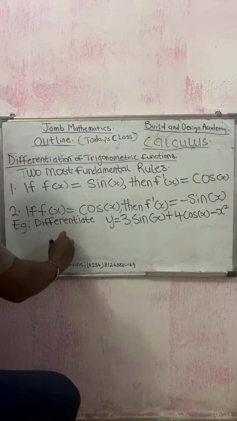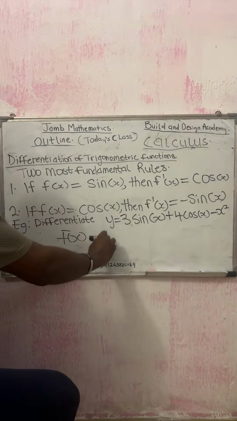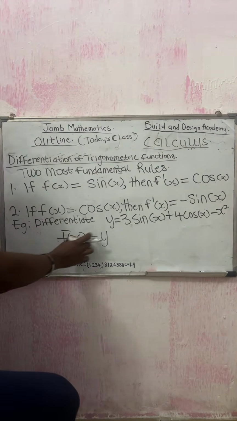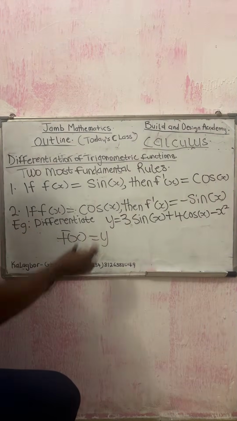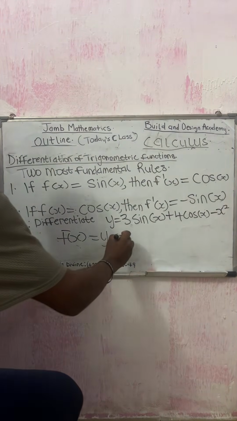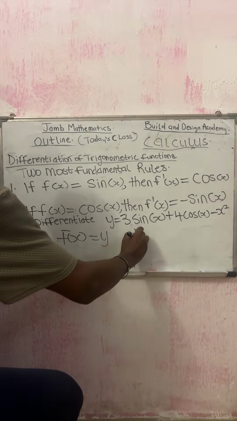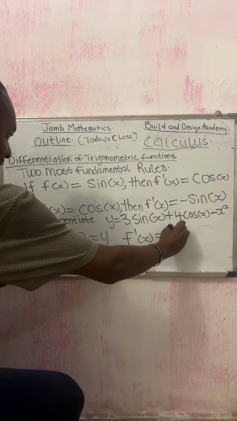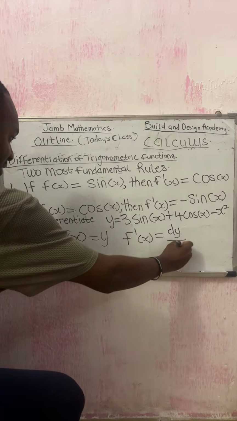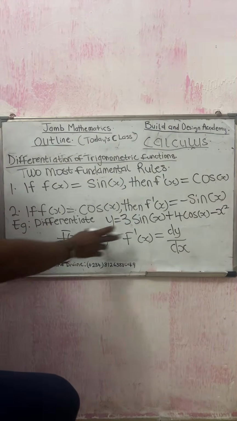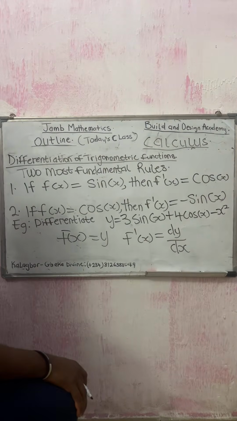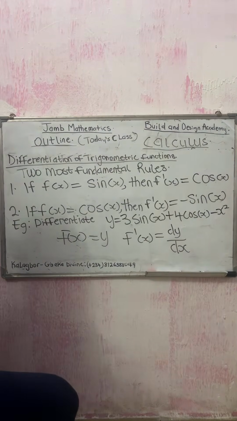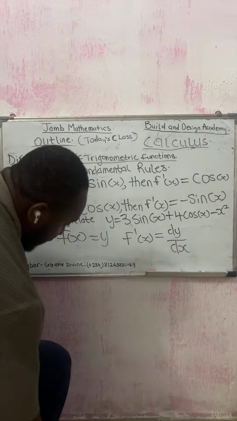now take note, f of x is the same thing as y. So if I say f of x, I'm still representing y. And if I say the first derivative of x, I'm simply saying dy over dx. So I'll be using this interchangeably. So please take note of that. In case I use any one, do not be confused.